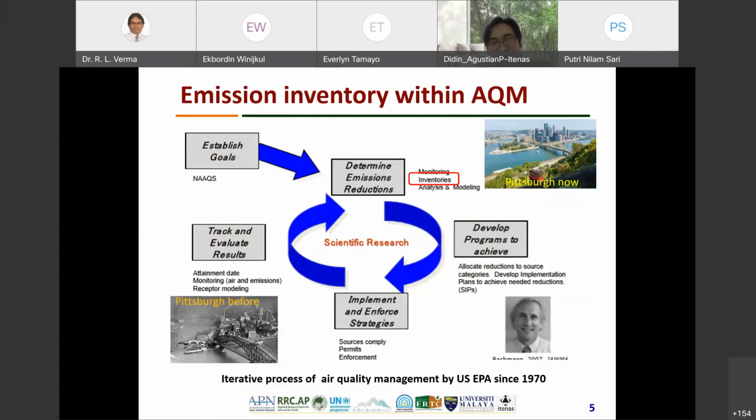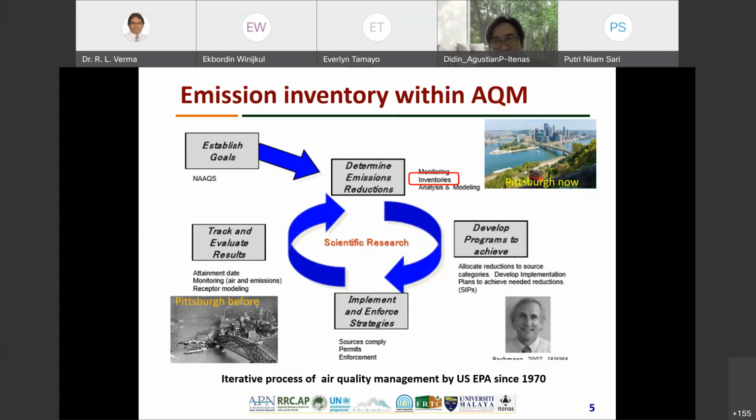So why don't we take a look at the success story of the United States of America? They have been doing the iterative process of air quality management by the US EPA since 1970. As we can see now, the city of Pittsburgh is getting cleaner and cleaner as compared to the 1950s, for example. The US EPA has conducted emission inventories for a long time to determine the emission reductions.